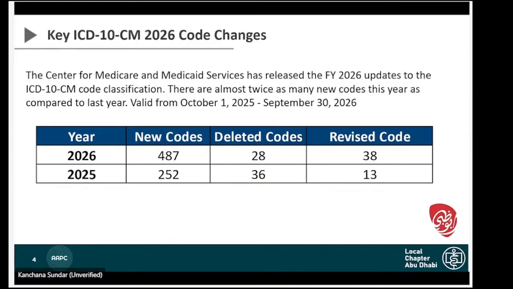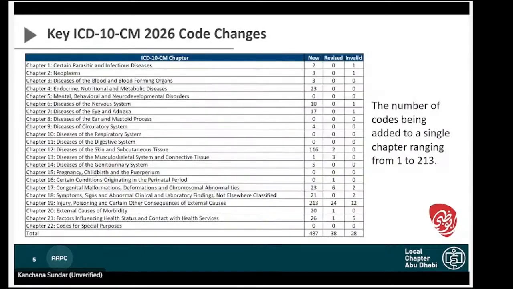This slide summarizes in which chapter how many changes have been made. Here we see that a lot of changes happened in the injury, poisoning, and certain other consequences of external causes chapter, where 213 codes were newly added. Following that, skin and subcutaneous tissue has 116 added, and there are also a lot of changes in the congenital and endocrine chapters.